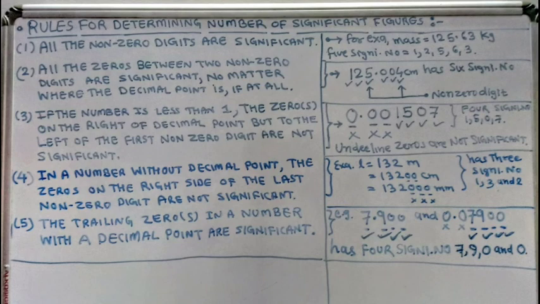Fourth, in a number without a decimal point, the zeros on the right side of the last non-zero digit are not significant. Let us take the example: 132 meter is written as 13200 centimeter, also written as 132,000 millimeter, and has three significant digits 1, 3 and 2.